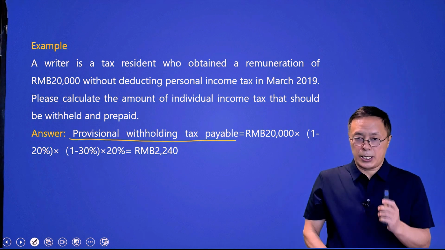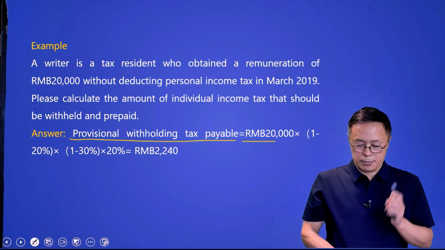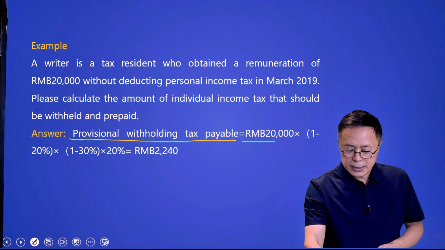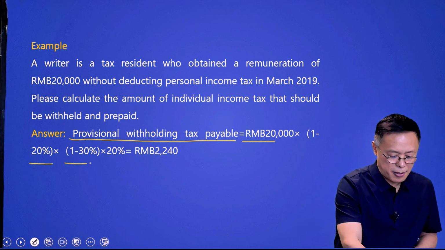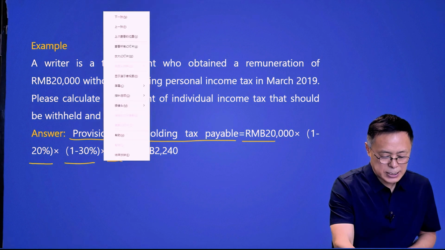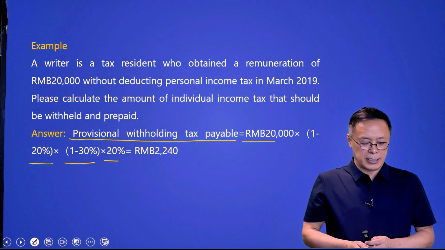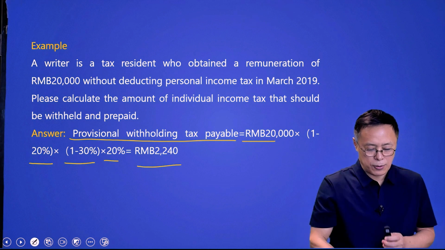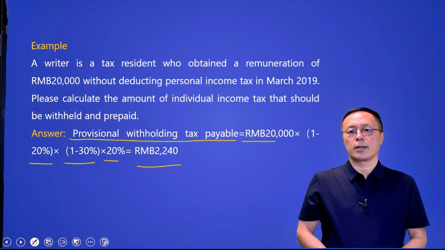Provisional withholding tax payable equals RMB 20,000 less 20% deduction less 30% deduction, times the applicable tax rate 20%. The result is RMB 2,240.